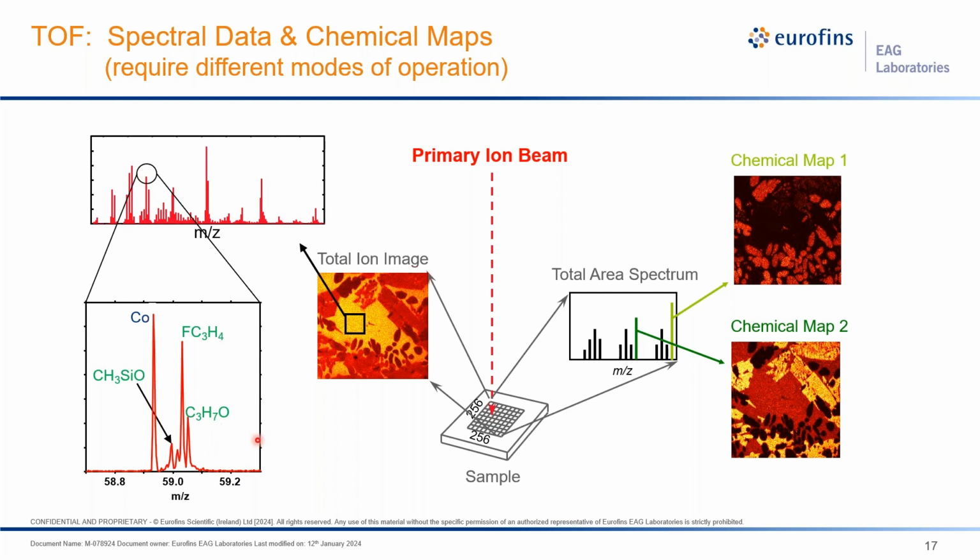I've highlighted one region to show the very high mass resolution of time-of-flight SIMS. All of the peaks in this region have the same nominal mass of 59, and yet the element cobalt is very clearly resolved from a number of molecular fragments.